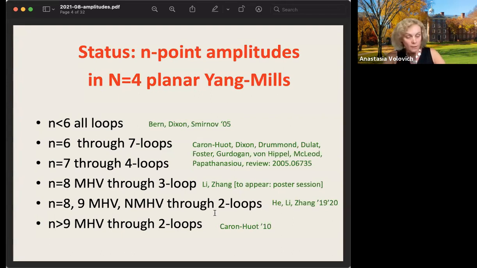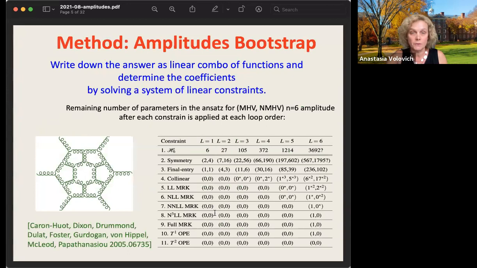Okay, so how are these computed? Again, I stole from this great review. They're not computed, of course, by doing any Feynman diagrams. They're computed by amplitudes bootstrap. These authors write down an ansatz as a linear combination of functions and determine the coefficients by solving a system of linear constraints. It's easy to say, but it's a very difficult and important computation.